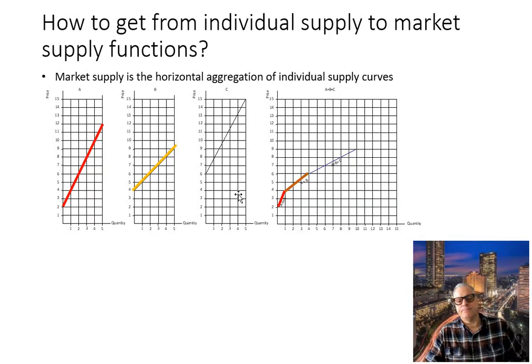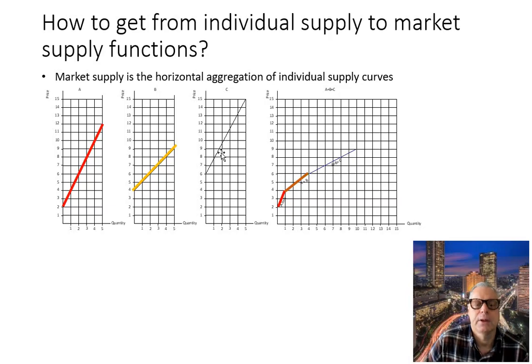And then starting with the price of 6, all 3 producers will supply. So now we can just randomly select maybe the price of 8. So at the price of 8, producer A's quantity supplied is 3. At 8, B supplies 4. So 3 plus 4 is 7.